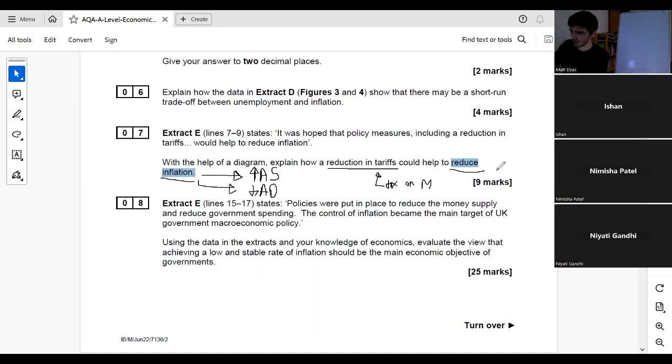So hopefully Devian's answer has clued the rest of you in to the fact that we want this road. I think here, a reduction in tariffs could reduce costs of production, which will increase aggregate supply, which will help to reduce inflation. Devian's answered my question by saying tax is a cost of production.